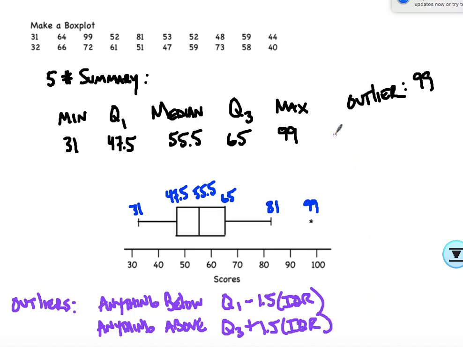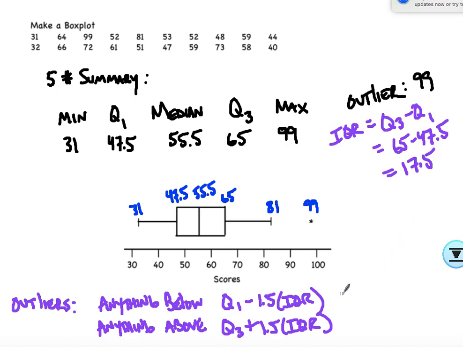And just as a reminder, the IQR is Q3 minus Q1. So in this case, that would be 65 minus 47.5, so your IQR will be 17.5.